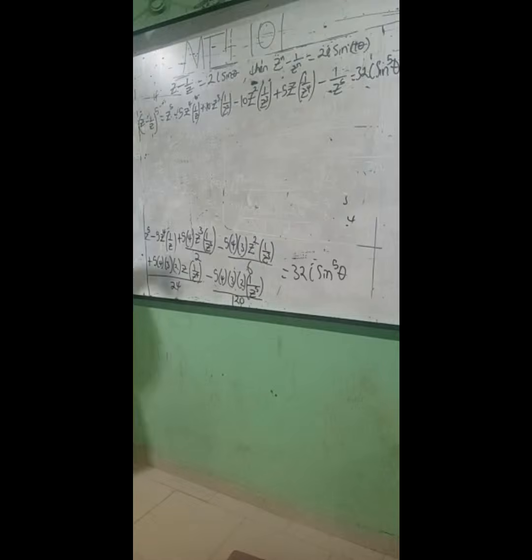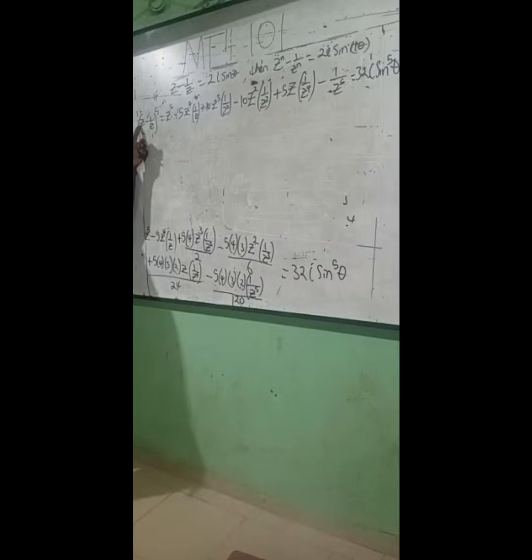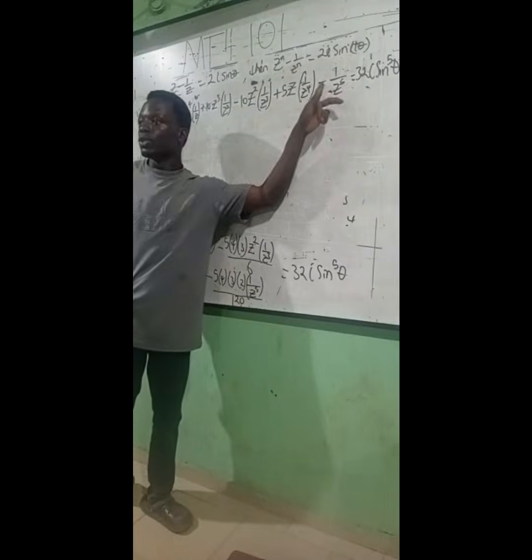Which one? This one. Show this one, Z raised to power 4. This second one will be reducing, this first Z: Z5, Z4, Z3, Z2, Z1, Z0 here.